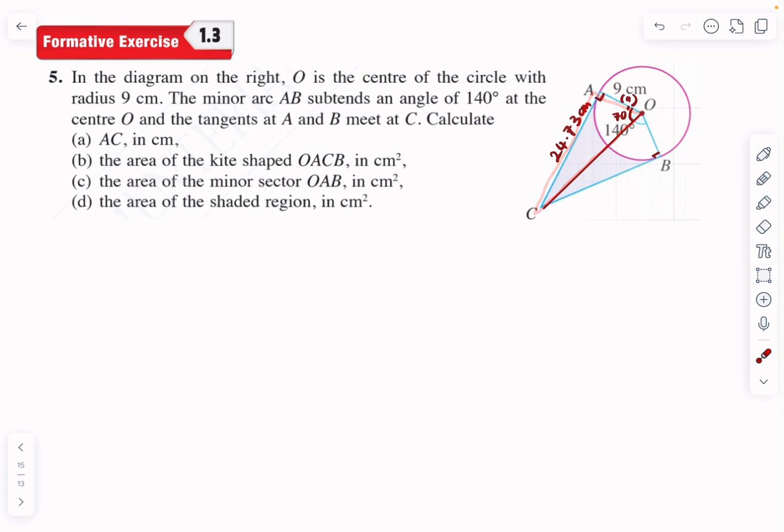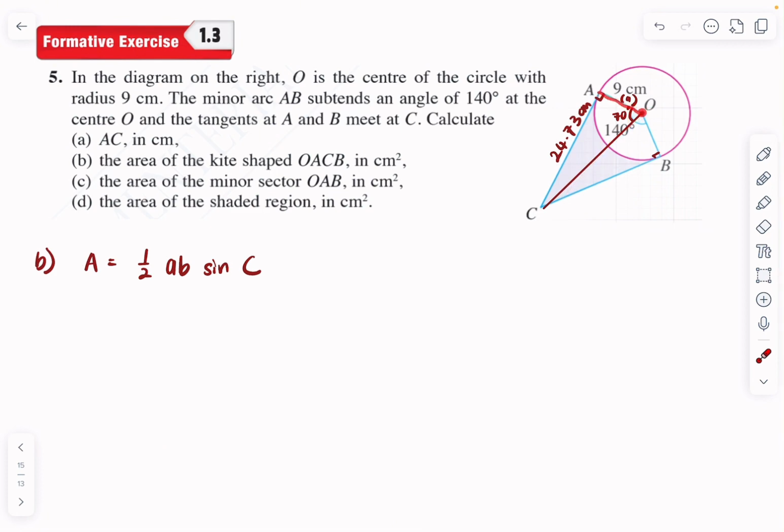And we know it's the same triangle on both sides. So if we find one area, we can double it to find the whole kite. Right, let's find area of triangle. So area of triangle is 1 over 2 AB sine C. So here we have angle C. Therefore this will be A and this will be B.